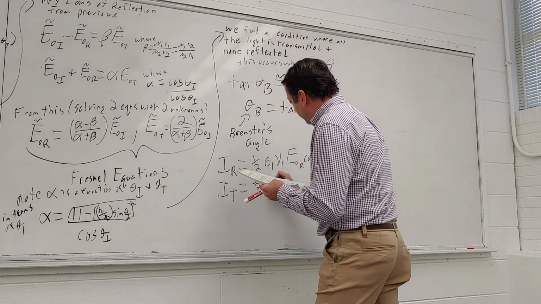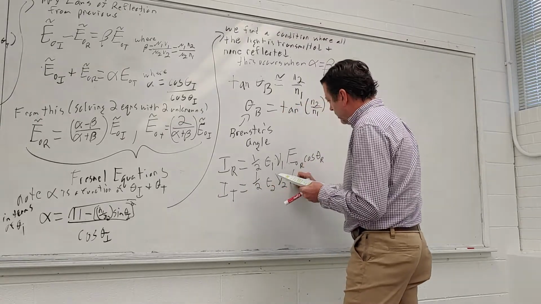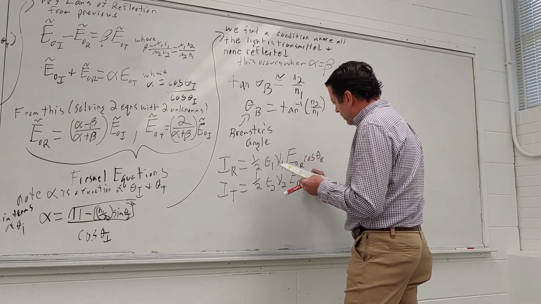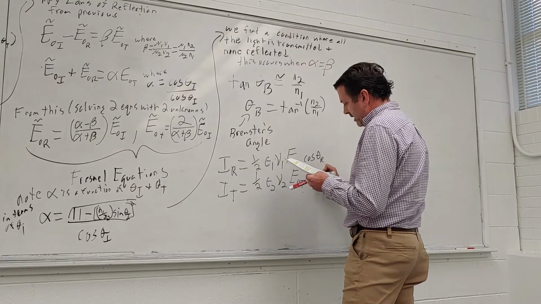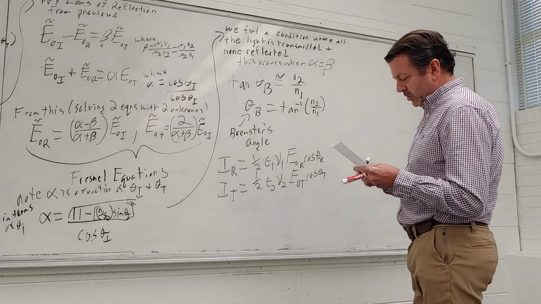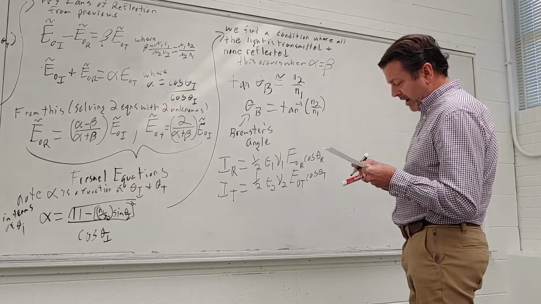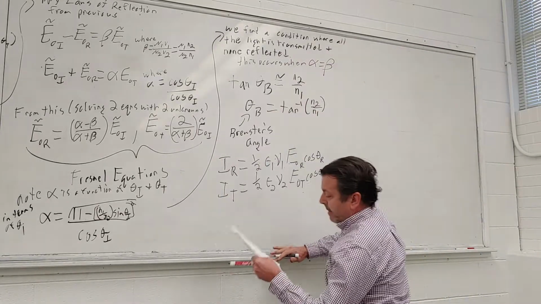It's 1/2 permittivity in 2, the velocity in 2, transmitted electric field cosine theta t. So if those are reflected and refracted, let's look at a graph. I'm going to put this here.